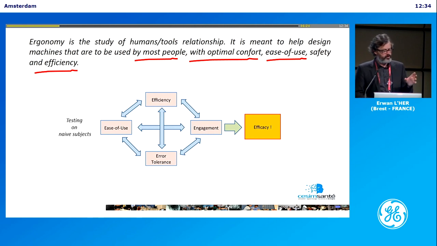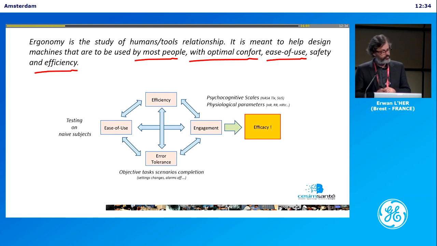The device has to be used by everybody, by most people. So the best way to test that is to test it on naive subjects, non-experts who don't know the device at all. We also have to evaluate the tolerance to error, so we need to perform some chronometric evaluation of very specific and standardized scenarios.